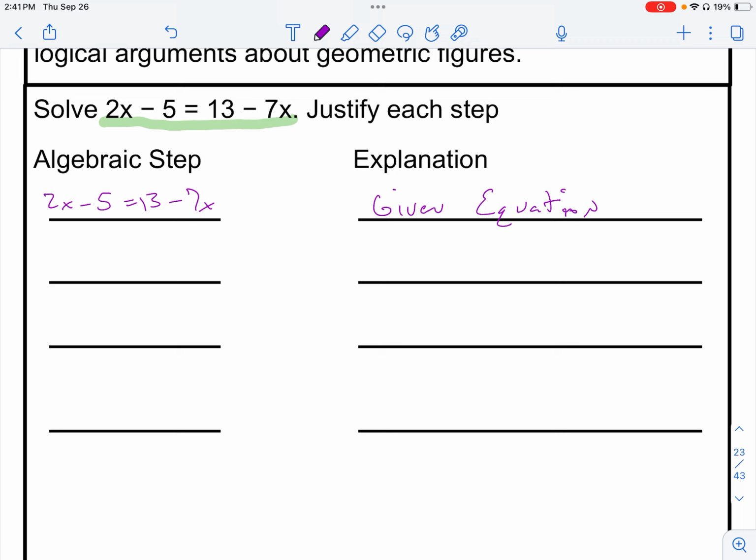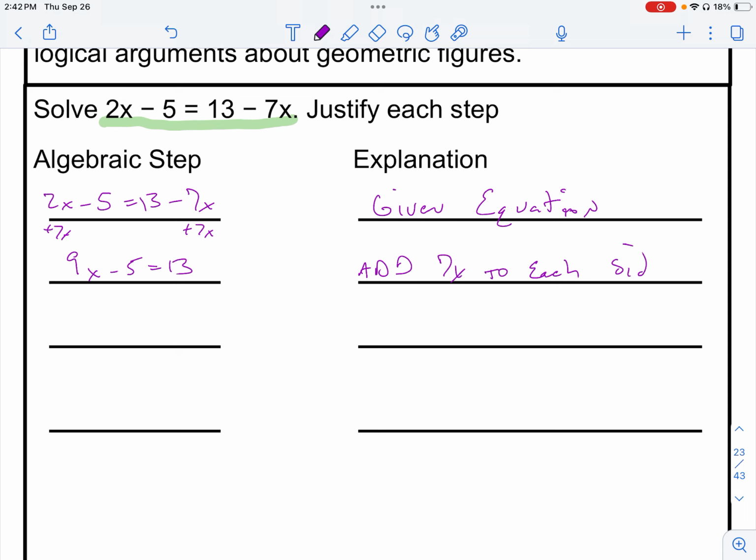Then we want the x's on the same side, so we're going to add 7x to each side, so we get 9x minus 5 equals 13.